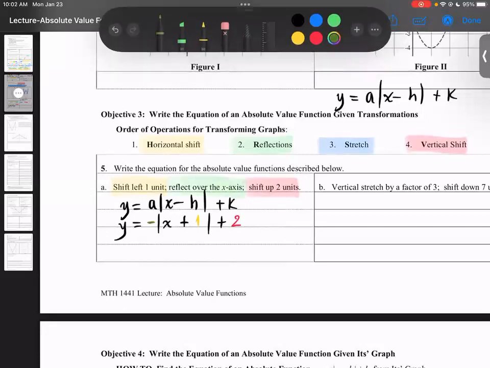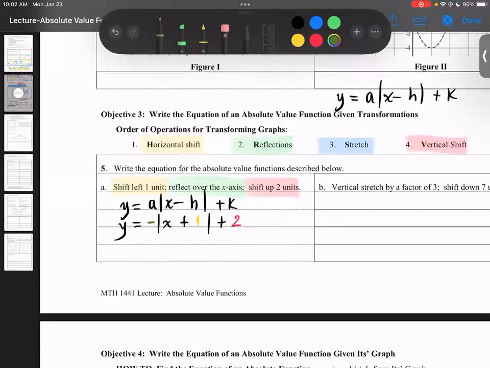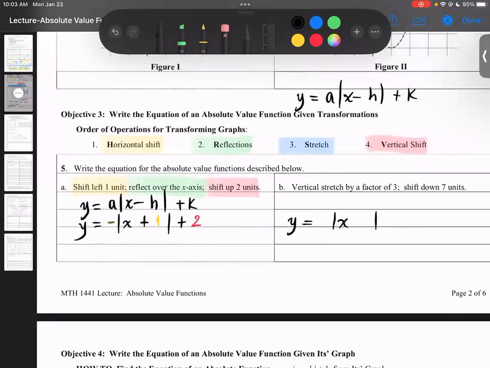Can someone tell me what b is? Y equals x minus or plus, depends. All right, give me something easy first. You don't have to do it by order. You're not graphing. What's h?